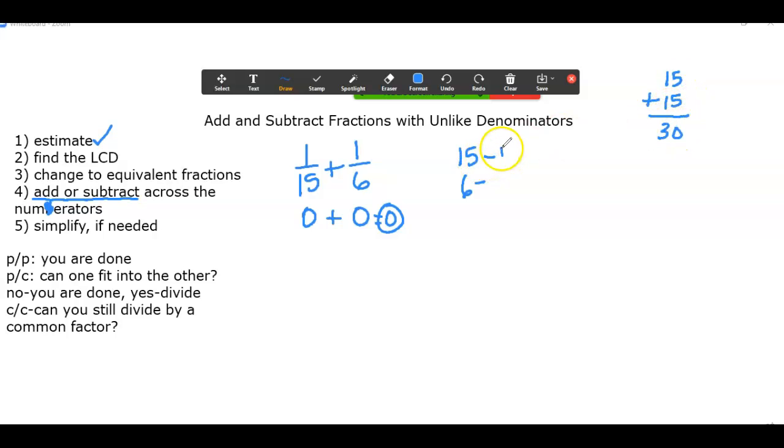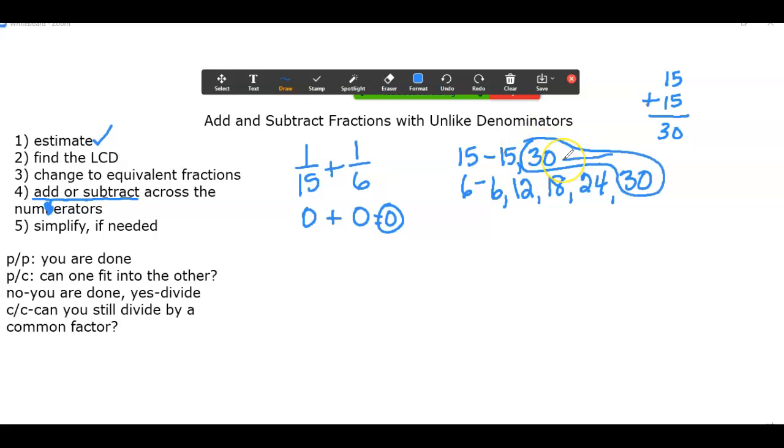My first multiple is 15, but my second multiple would be 30. Now, you probably are saying to yourself, ooh, 6 has a 30. Well, let's double check. So 6, 12, 18, 24, and 30. There you go. So my LCD is 30.